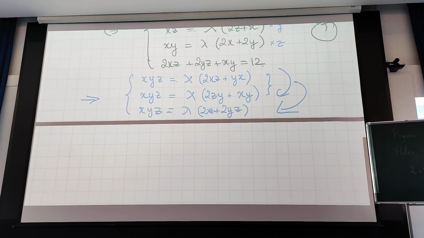Let's consider the equality of the first two equations. You will have lambda equal to, so we have this, right? The first two equations.